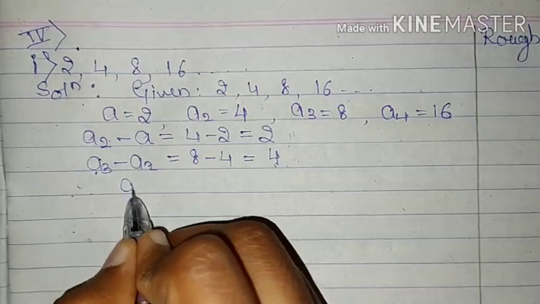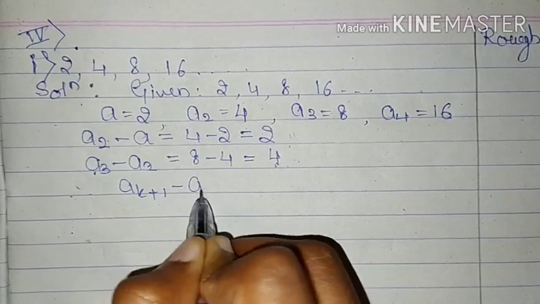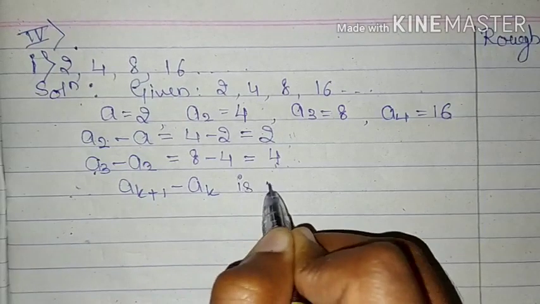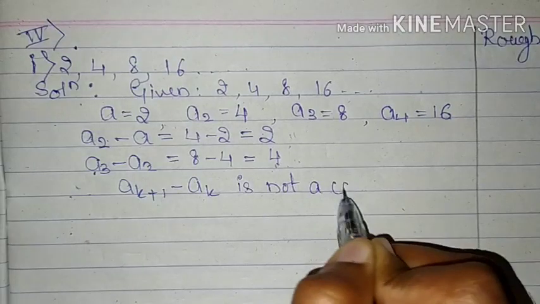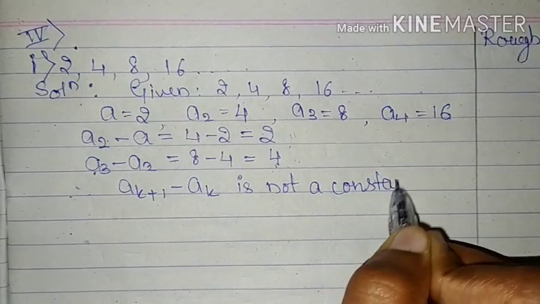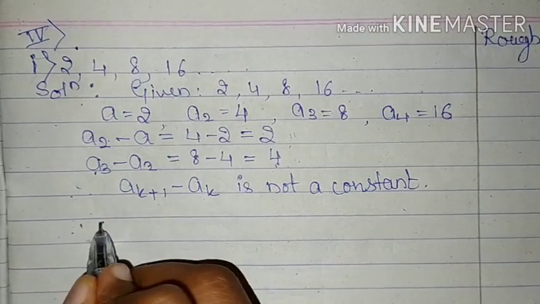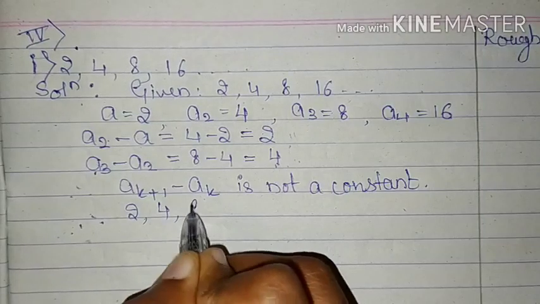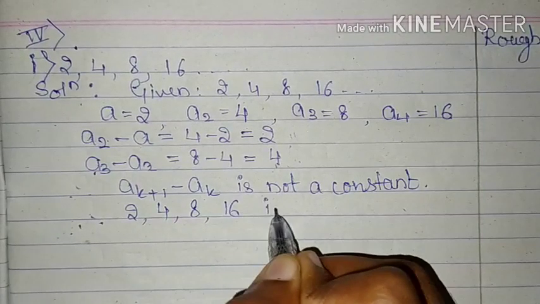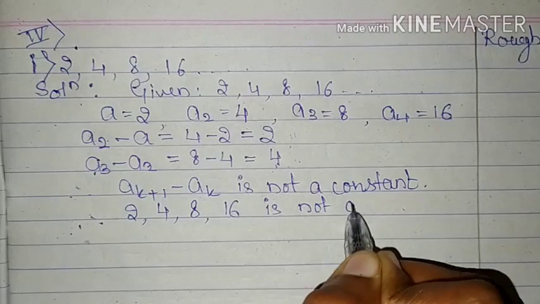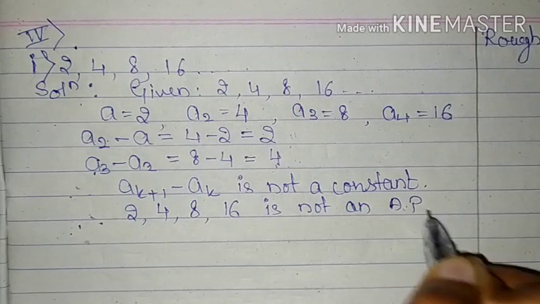Therefore, a(k+1) minus a(k) is not a constant, right? It is not a constant or a fixed number. Therefore, 2, 4, 8, 16 is not an AP, right?